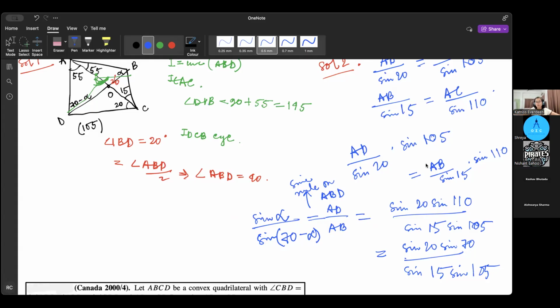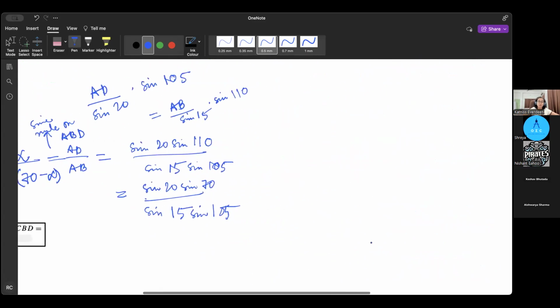Okay, I'll just do the product to sum. So sine 20 sine 70 is equal to, let's just keep it this way. We are just getting it from this. So this is cos 90 minus cos 130. Can you check, please?